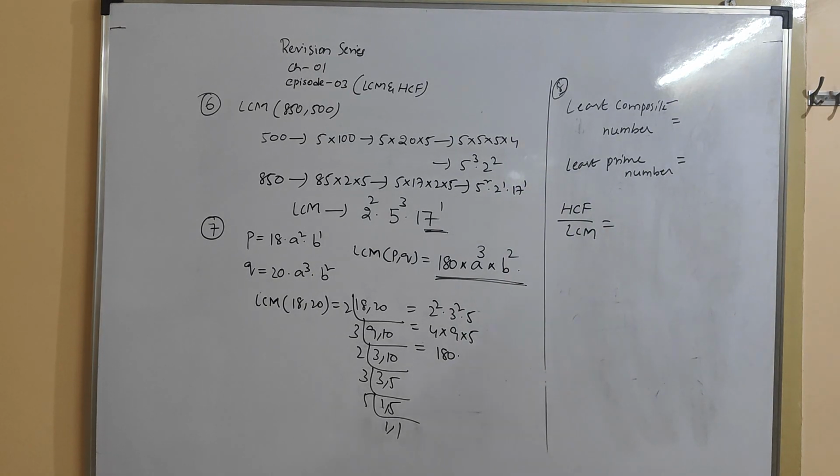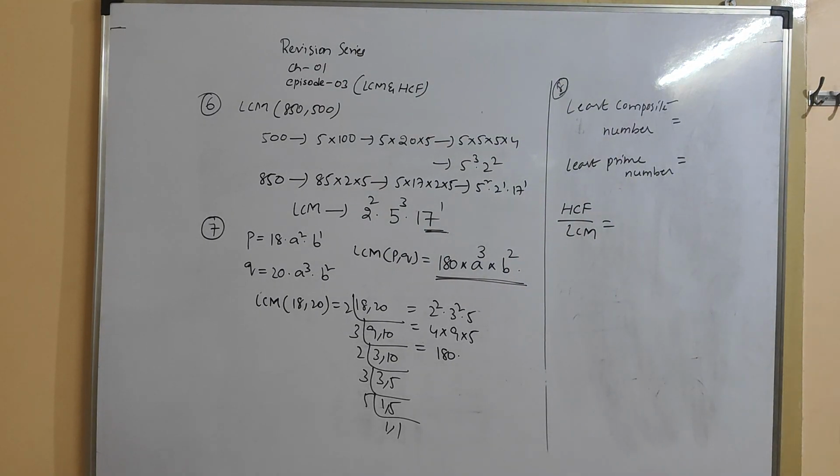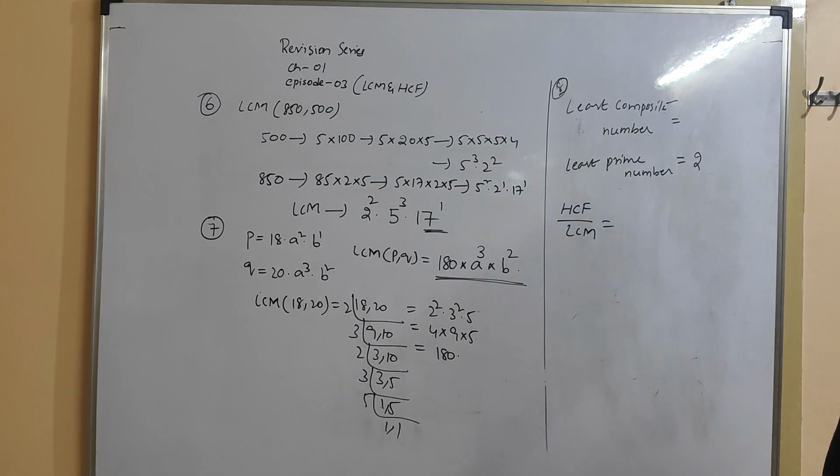What is the least composite number? See, go with 1. 1 is neither prime nor composite. Correct or not? If you go with 2, 2 is a prime number and 2 is the least prime number. So the least prime number is 2.